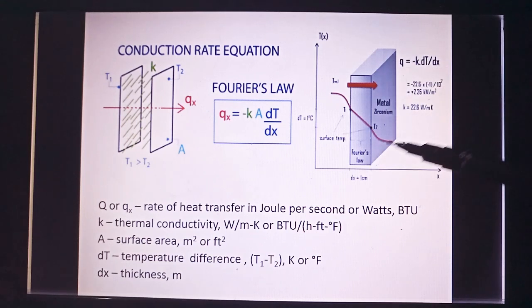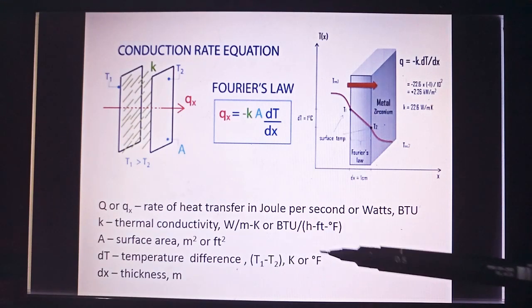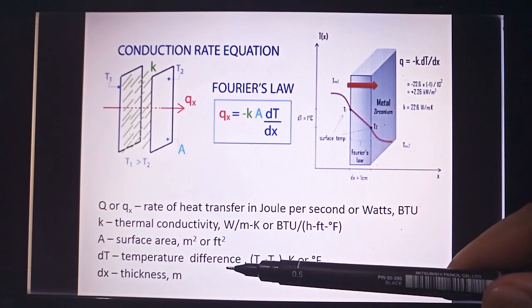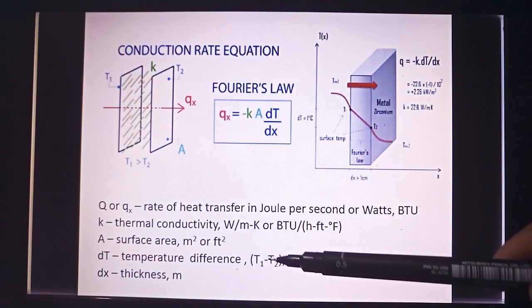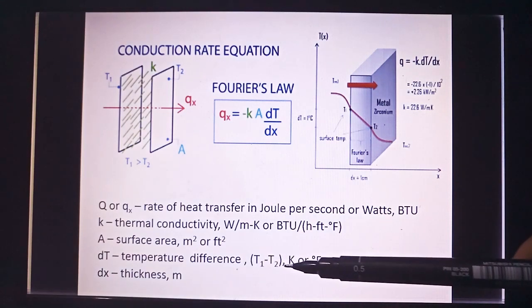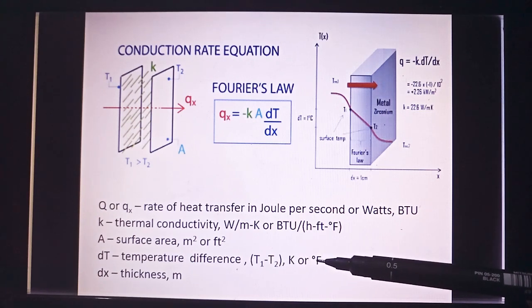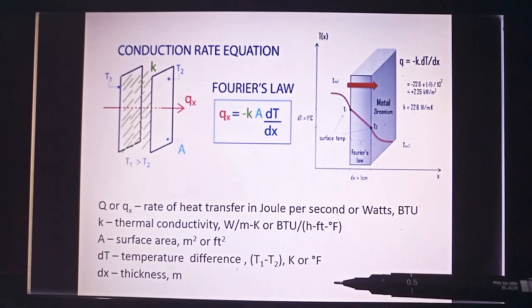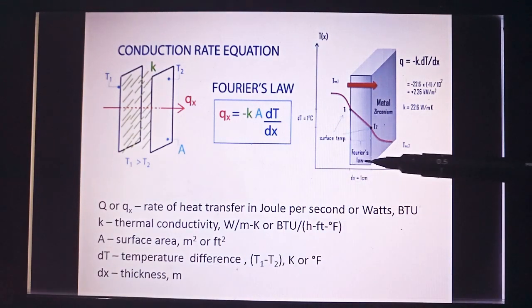For this case, this is a rectangle, so that is square meter or square feet. And then dT, or delta T, is the temperature difference, that is T sub 1 minus T sub 2, wherein the unit is in terms of Kelvin or degrees Fahrenheit. And then dx is the thickness in terms of meter. So this is now the thickness.